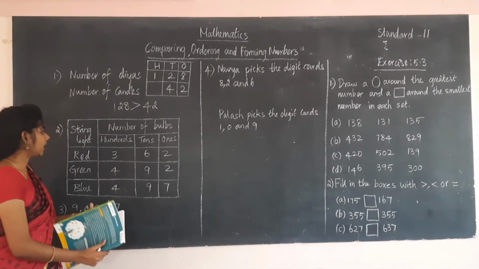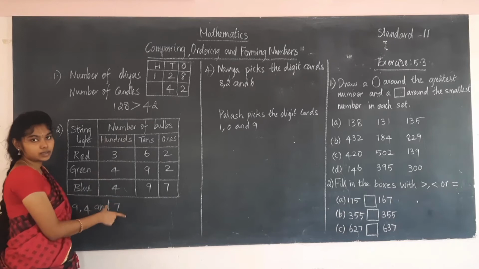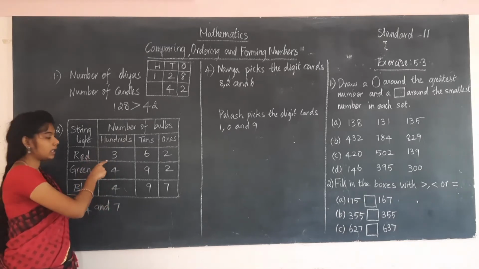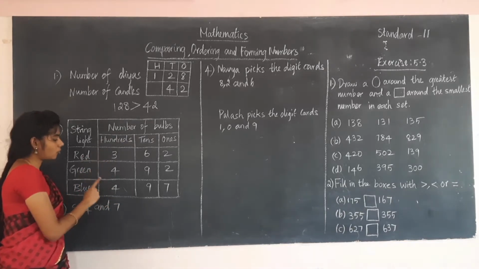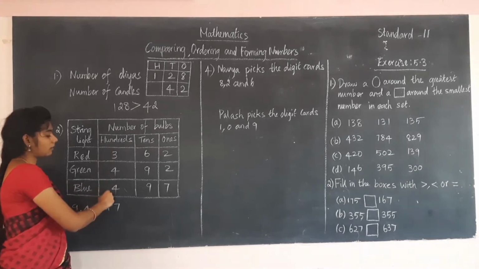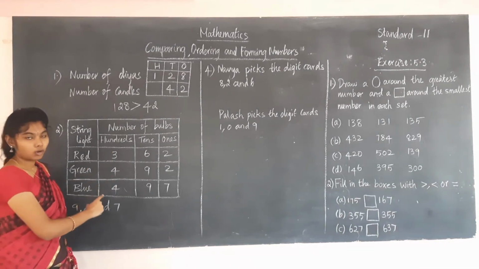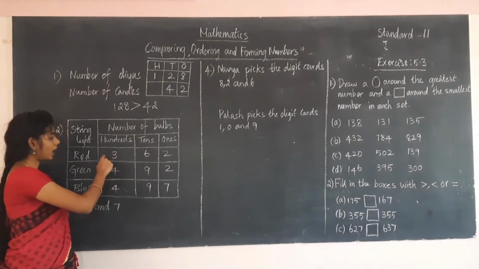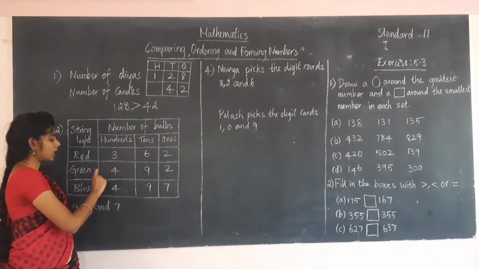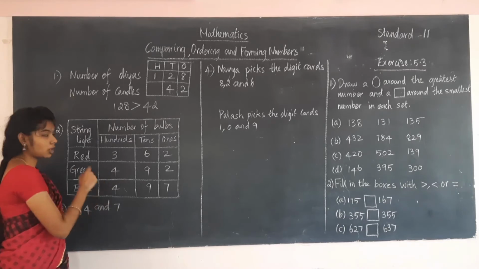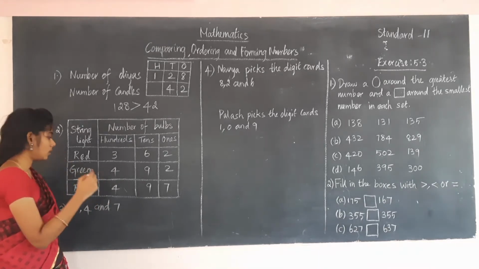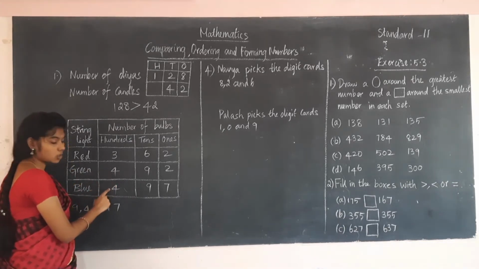First we look at the hundreds place. What numbers are there? 300, 400 and 400. Comparing these, which is the greatest, 3 or 4? It's 4. So we neglect this one and select these two. Both are 400.